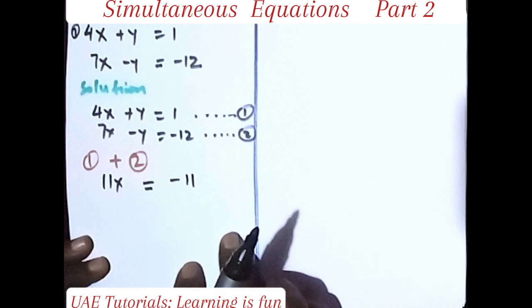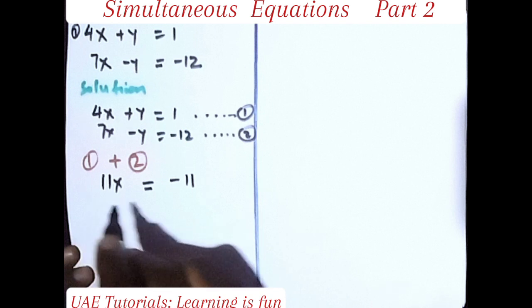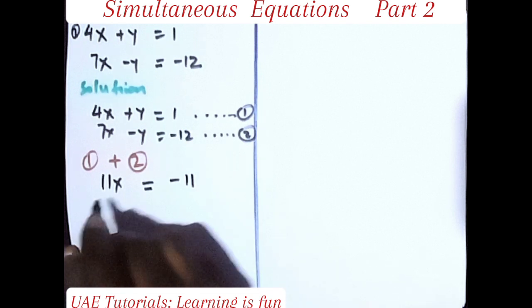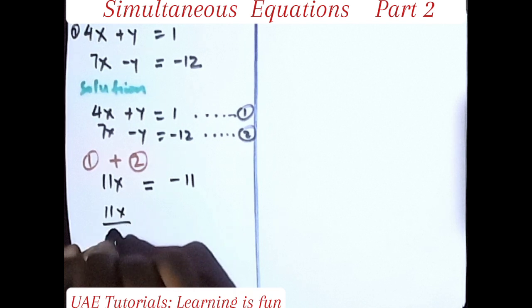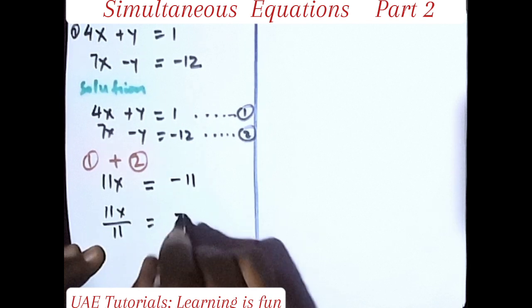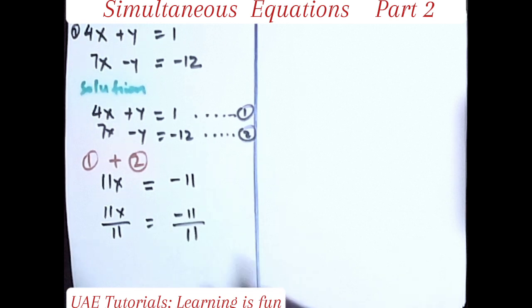Now the x variable that is remaining has a coefficient. All we need to do is to divide through by the coefficient of x, which is 11. So we'll now say 11x all over 11 equals minus 11 all over 11.